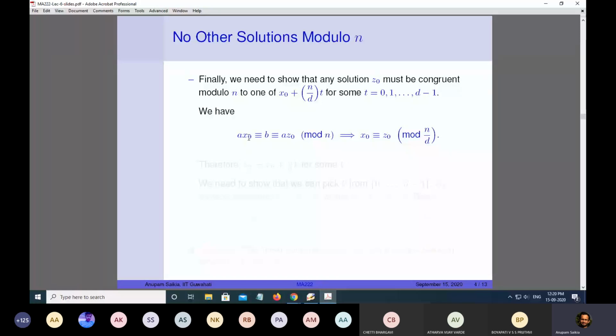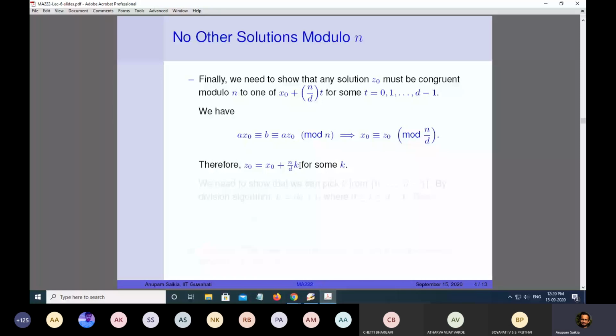That means x0 is congruent to z0 modulo n by d, because remember that ab equal to ac mod n implies b congruent to c modulo n by d. So I'm just using that. And what does it mean? That means z0 is x0 plus a multiple of n by d.